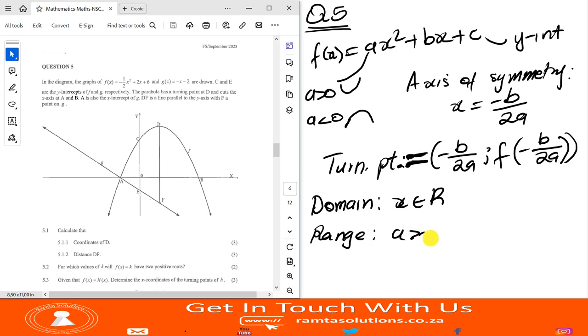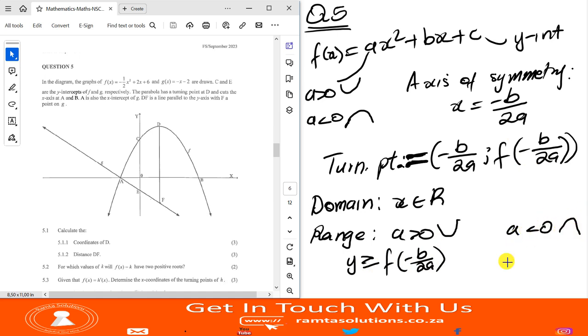When a is positive, remember your function is smiling. This is what we call the minimum. So the range will be y is greater than or equal to the y value of the turning point. Now when a is negative, it's frowning.